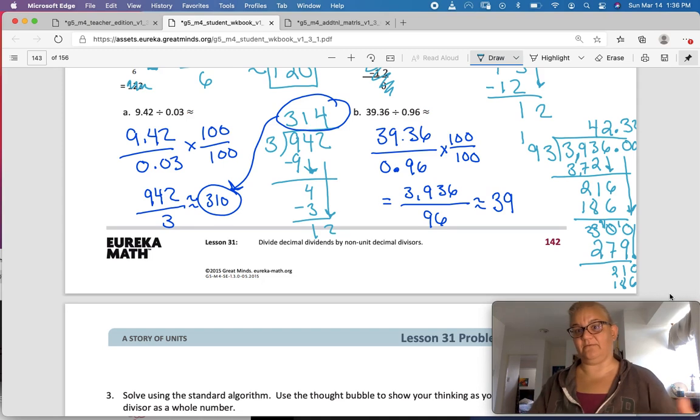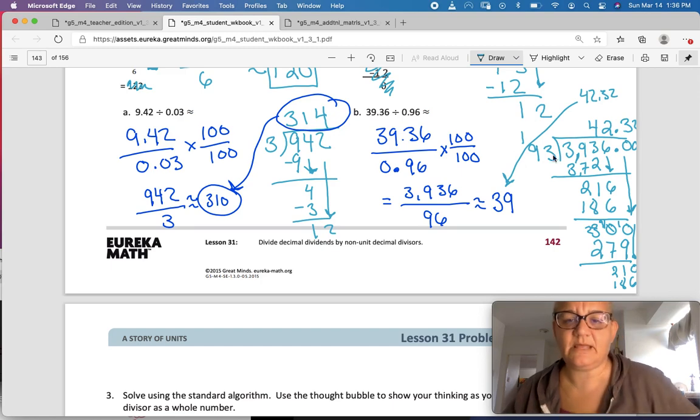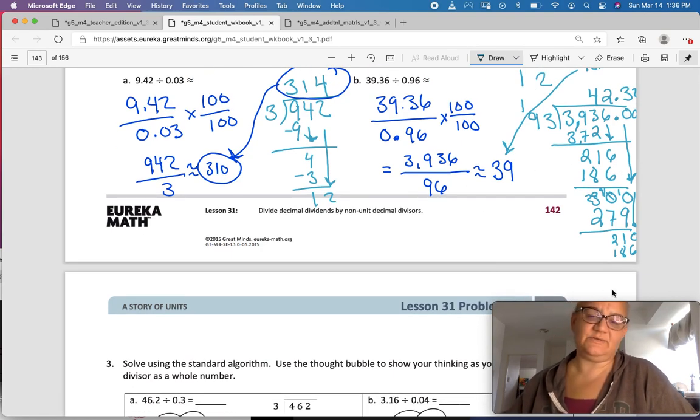Yeah, I could keep going for a very long time. But 42 and 32 hundredths is pretty close to 39. I was okay with my estimate there. If you want to keep going into the thousandths, you can just keep adding zeros as long as you want. How much paper do you have?